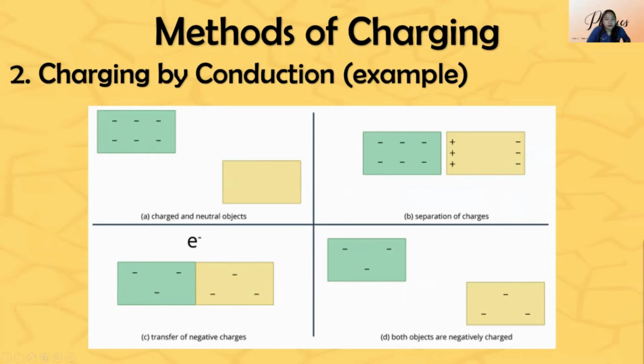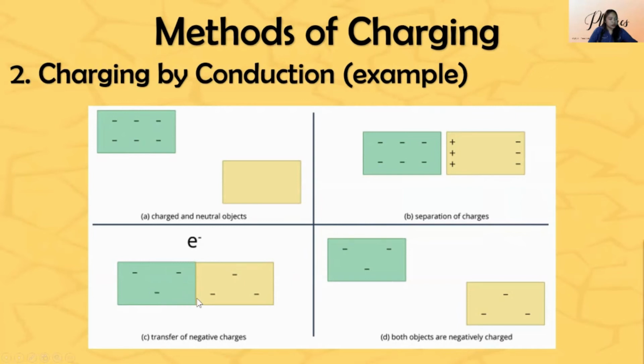Okay, because if it's positively charged, then in charge separation, the electrons will move to this side, then the protons. When we let them contact each other, the electrons will be transferred from the neutral object to the positively charged one.